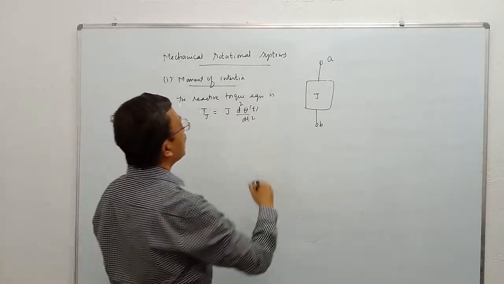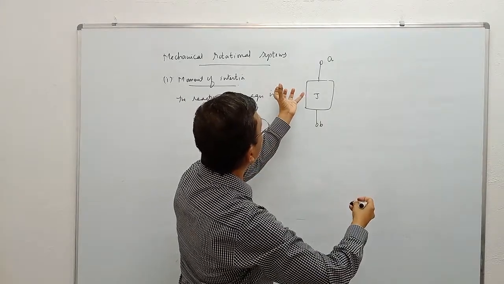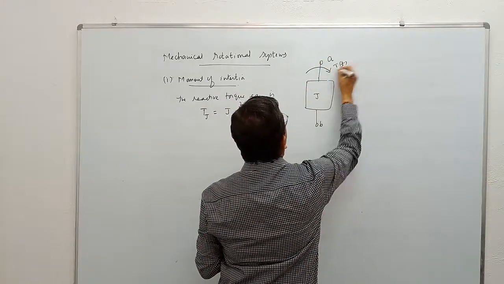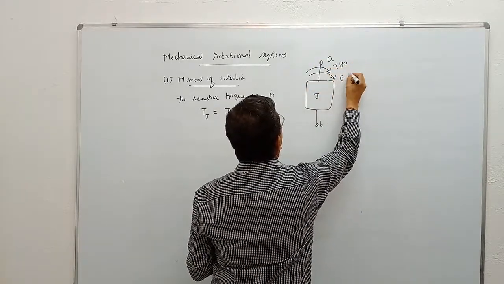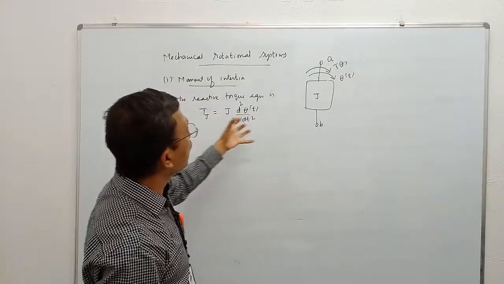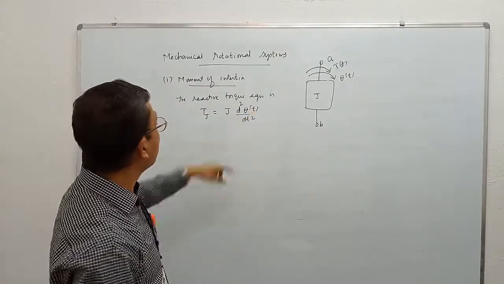That means the moment of inertia is applied with a torque, the applied torque T of t. The resulting displacement is theta of t. When you subject the moment of inertia to a torque T of t, the resulting displacement is theta of t.